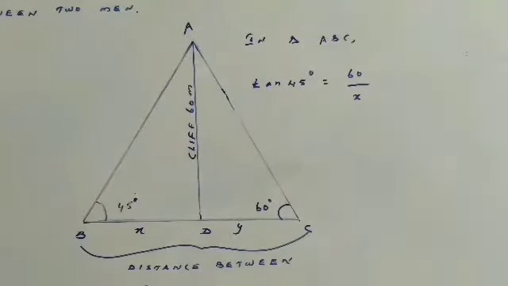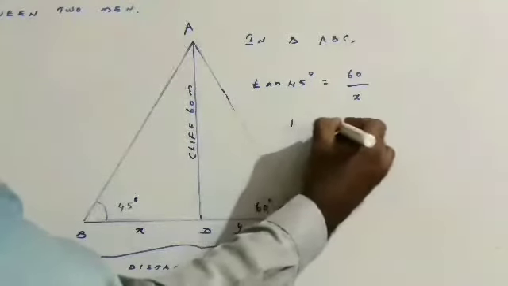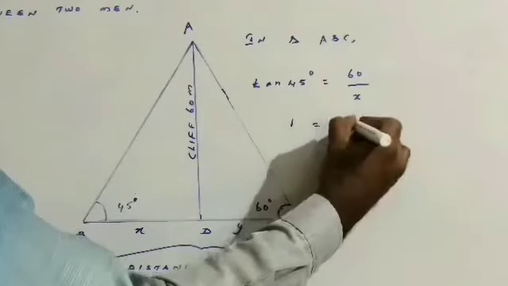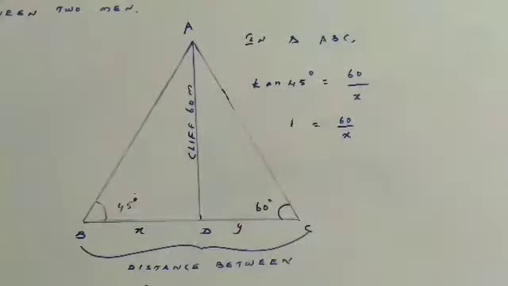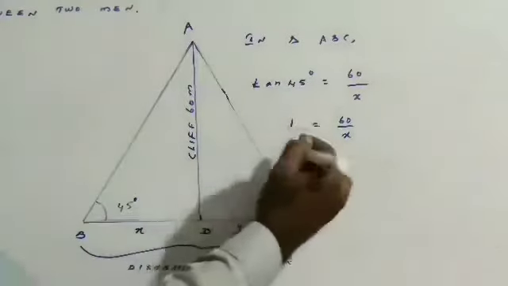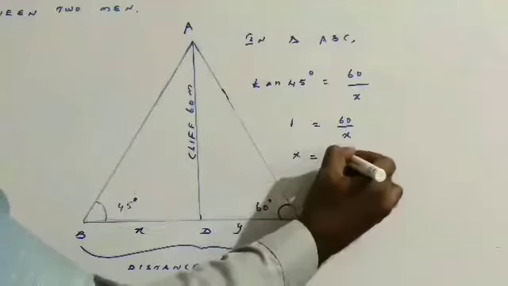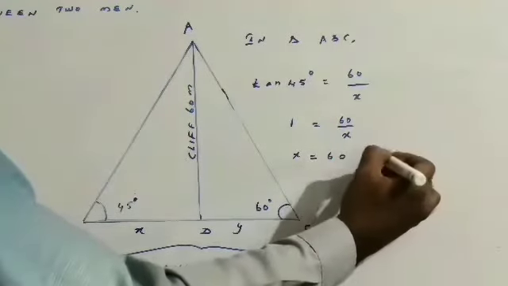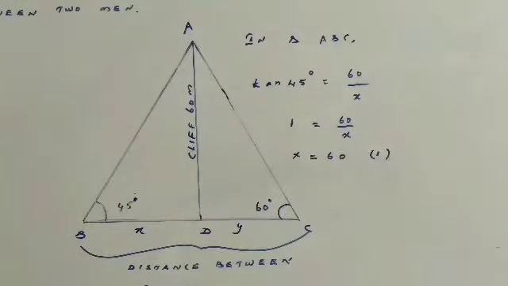We know that the value of tan 45 is 1. So 1 equals 60 by x. Now cross multiplying x with 1, x equals 60. So consider this is equation 1.